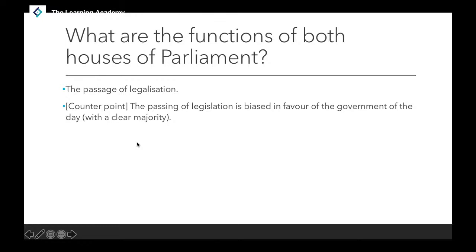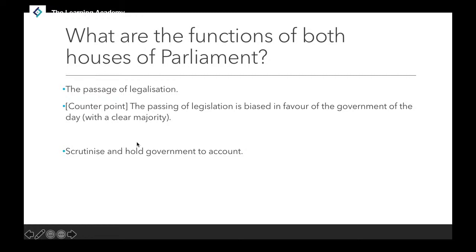Well, we can talk about the next function of Parliament, which would be to scrutinise and hold government to account. This would be a second function of Parliament. Don't forget, in this country we have a system of separation of powers, whereby we have the separation between Parliament and government, even though they technically sit in the same institution.